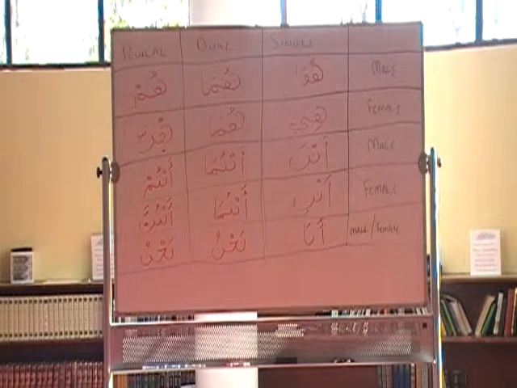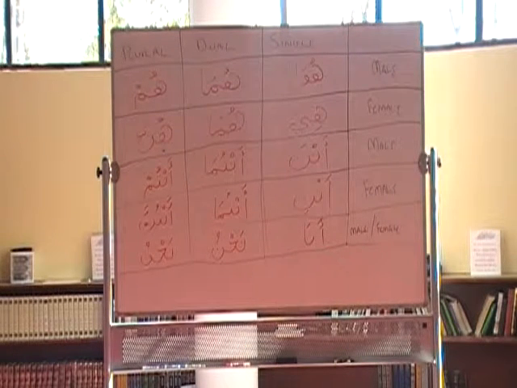But waylun is an ism that acts like a fi'l. And it's basically saying destruction, waylun, even though we translate it as woe to, woe unto those. But it means destruction is upon.